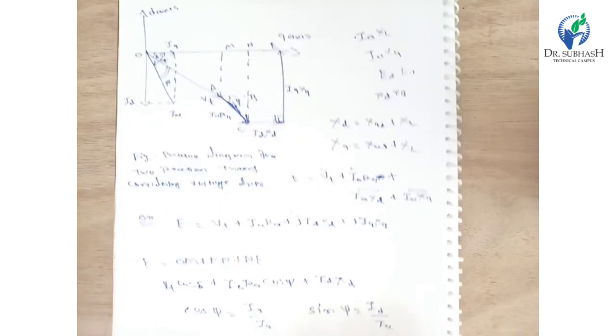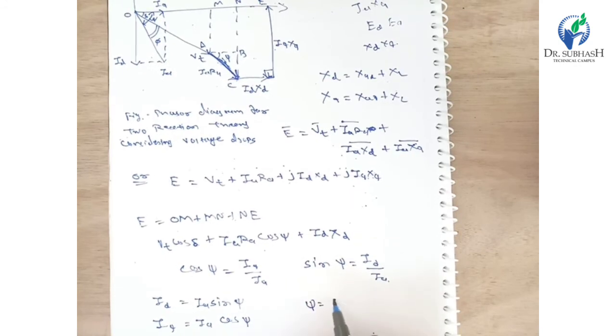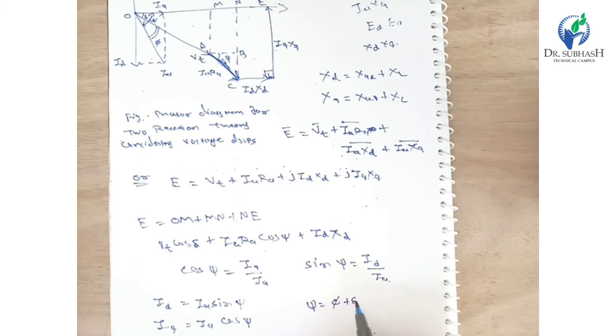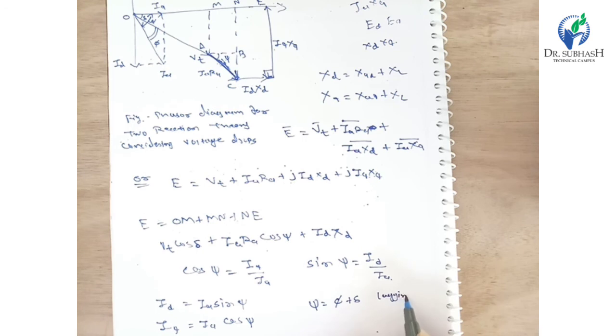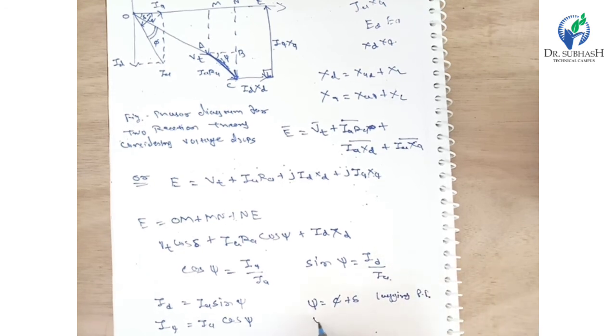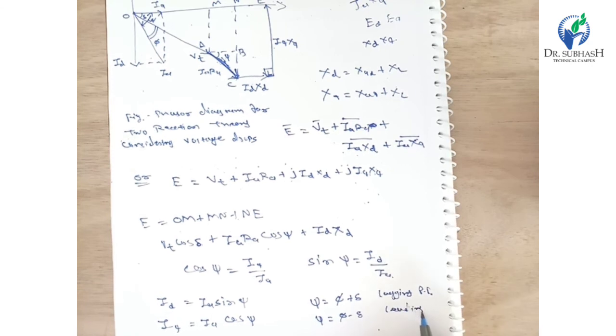We know that the value of psi is equal to phi plus delta for the lagging power factor, and the other sign is phi minus delta for the leading power factor angle.